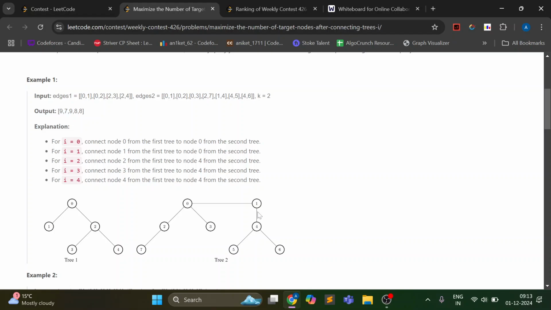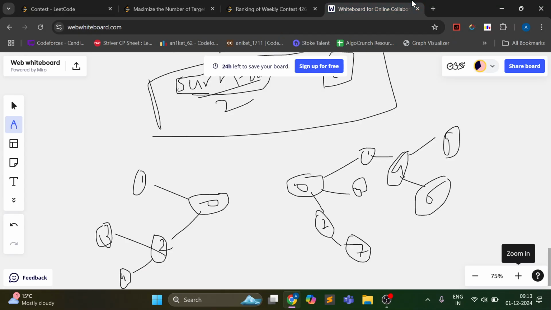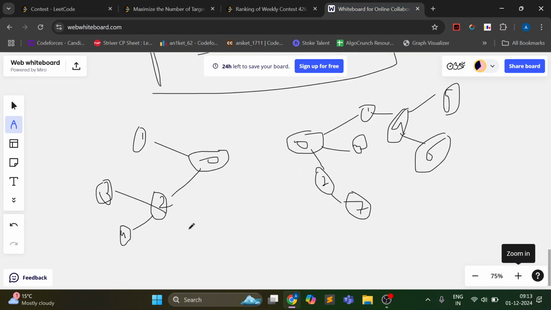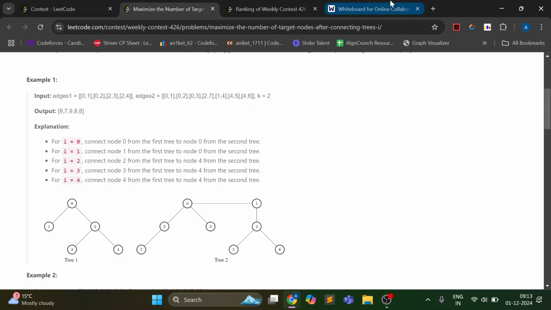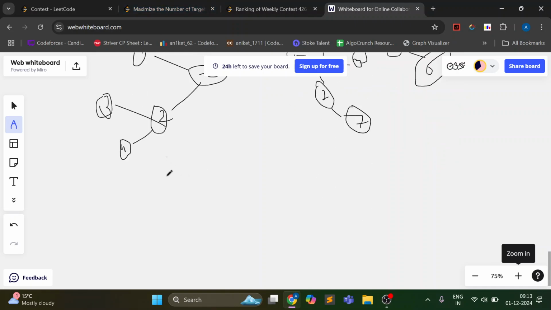So the contribution of the second tree would be 4, and the contribution of the first tree would be 5. So the main point of this observation is that the contribution of each tree remains independent.